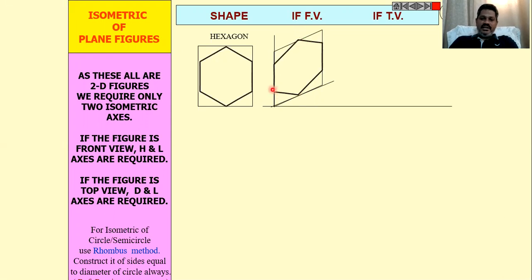Similarly, on this side also draw a 60 degrees line from this line, then draw a vertical line and join the center point and here to get the front view of the hexagon.